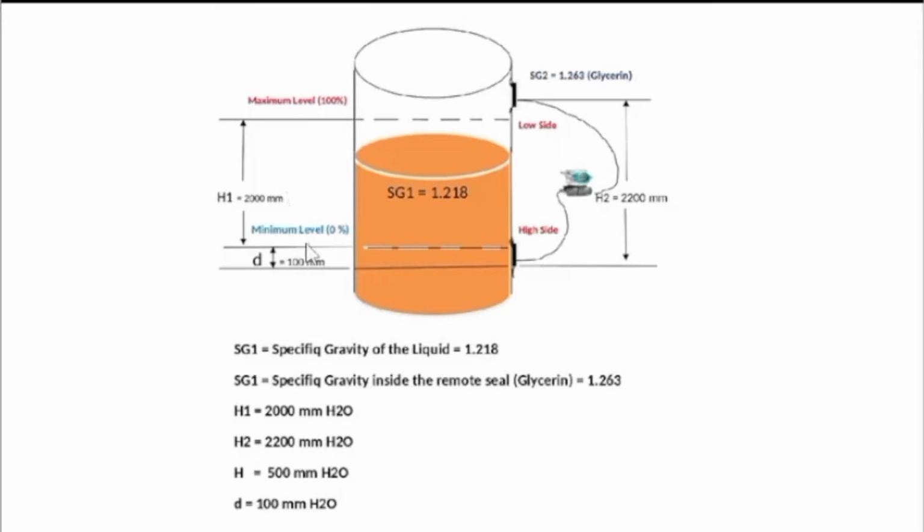Here is the lower level, which we considered as 0% minimum level, and inside this vessel there may be some liquid, but here is the minimum level. From the minimum level to the maximum level, the vessel height is 2000 millimeter, and the distance between the two remote seals is 2200 millimeter.